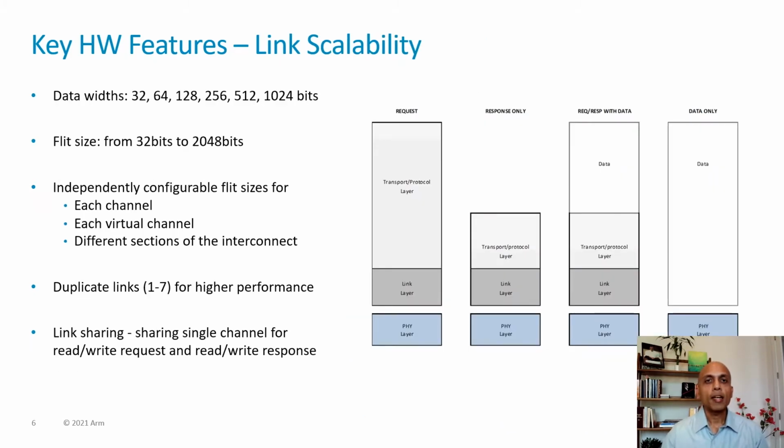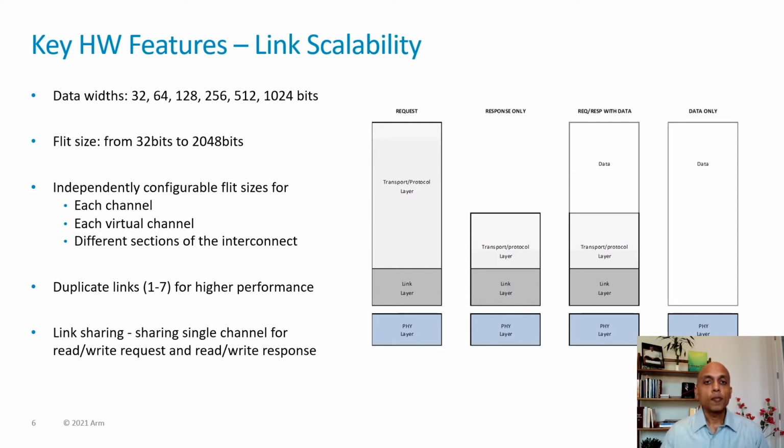Now, once you have a wormhole routed interconnect, one of the key aspects is your link scalability. At the AMBA interfaces, we have support for data widths ranging from 32 bits all the way up to 1024 bits.